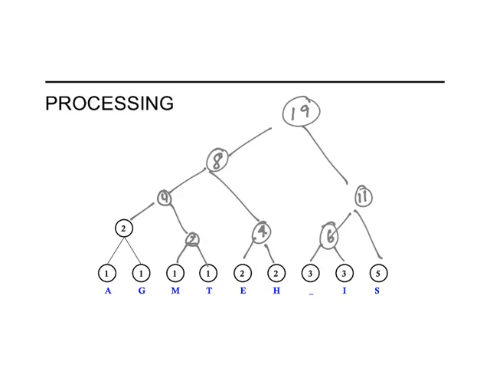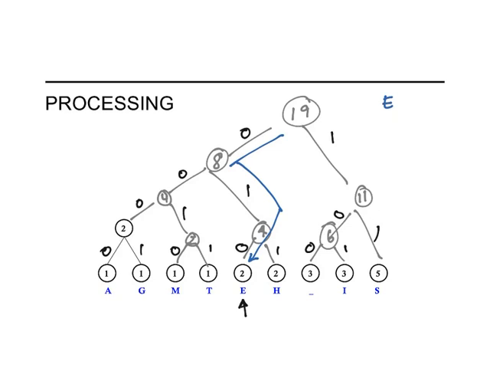So let's suppose that I need to get the code for the E. In order to go to the E, I will need to follow this path, which means E is going to be 0, 1, 0.